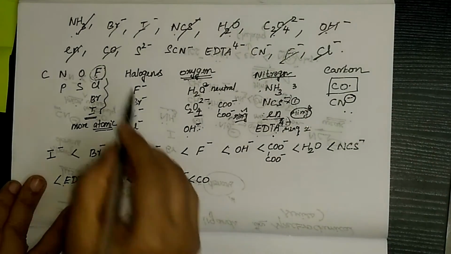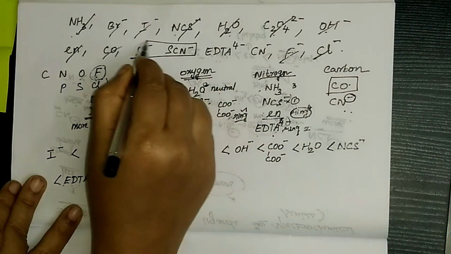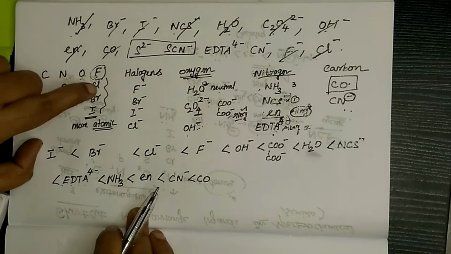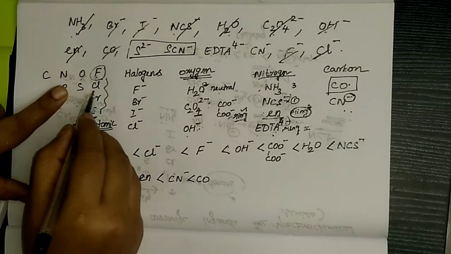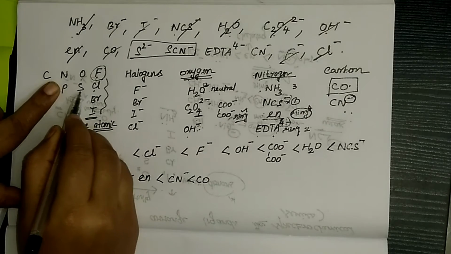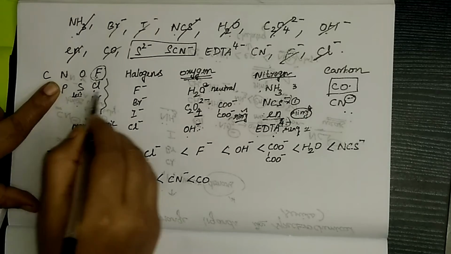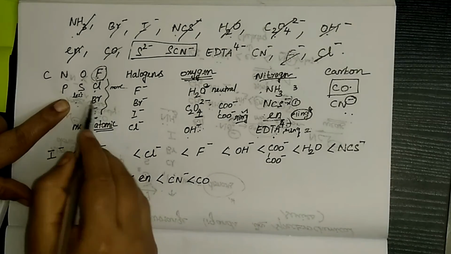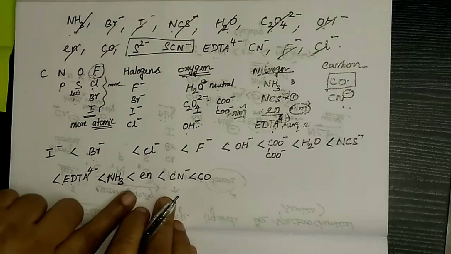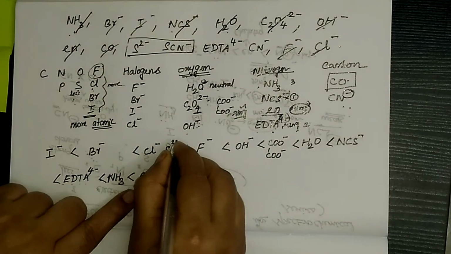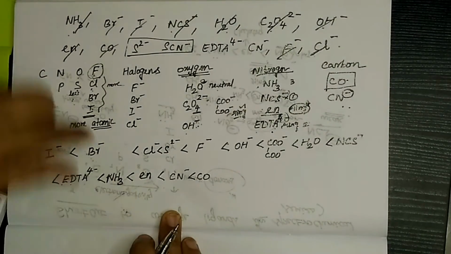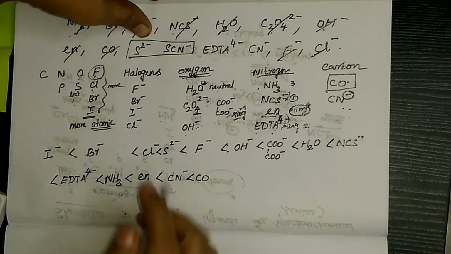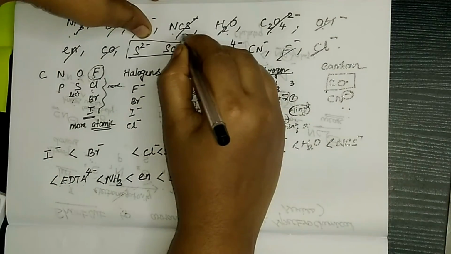I think we arranged all except this S2 minus and SCN. Sulfur, where does it come? So it is below oxygen and before chlorine. We know that if it is before chlorine, the electronegativity value is less and the size is more. If the electronegativity value is less, it should be stronger than chlorine. So S2 minus comes here. It should be stronger than chlorine. Now in the case of SCN, this is the only exceptional case.